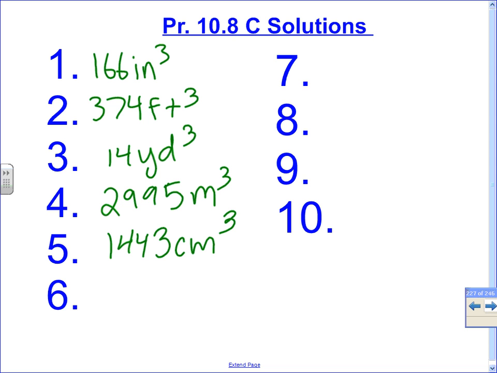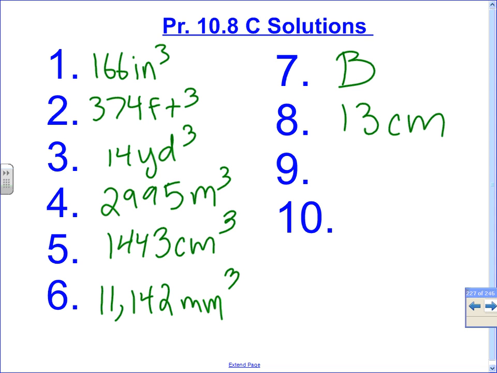Justin, number 6. 114 or 48? 142. Yeah. Now, if you use the pi button, you get 48. So either way. Doug, number 7. Good. Number 8, Matt. Good. Justin, number 9.